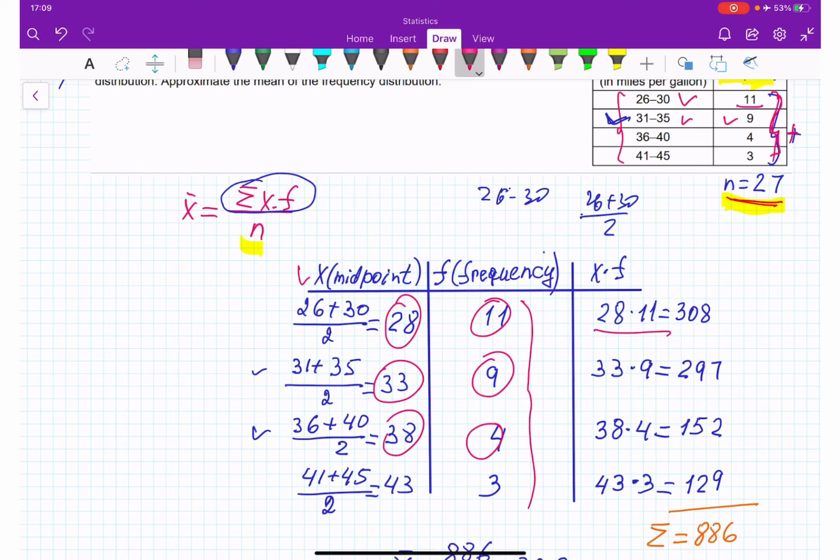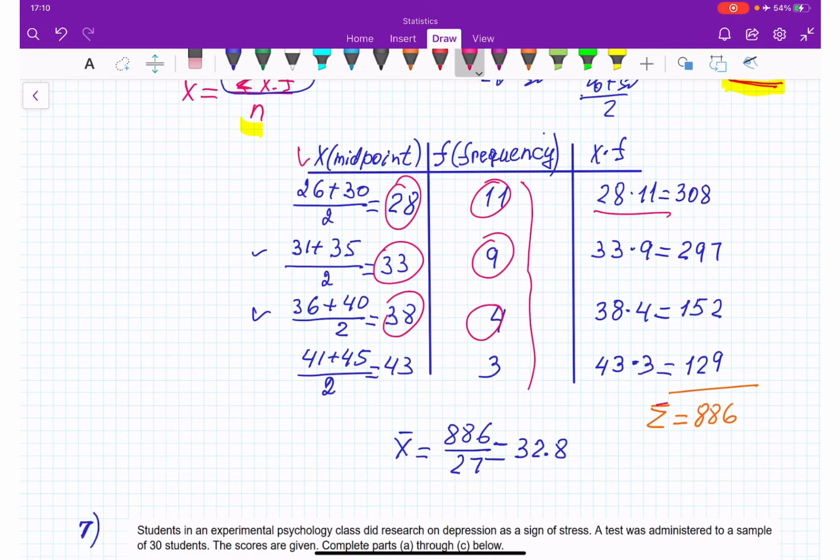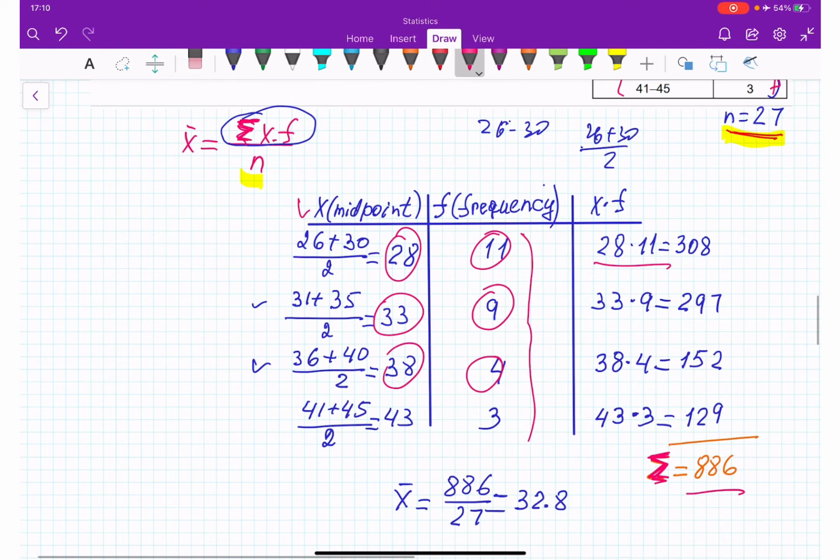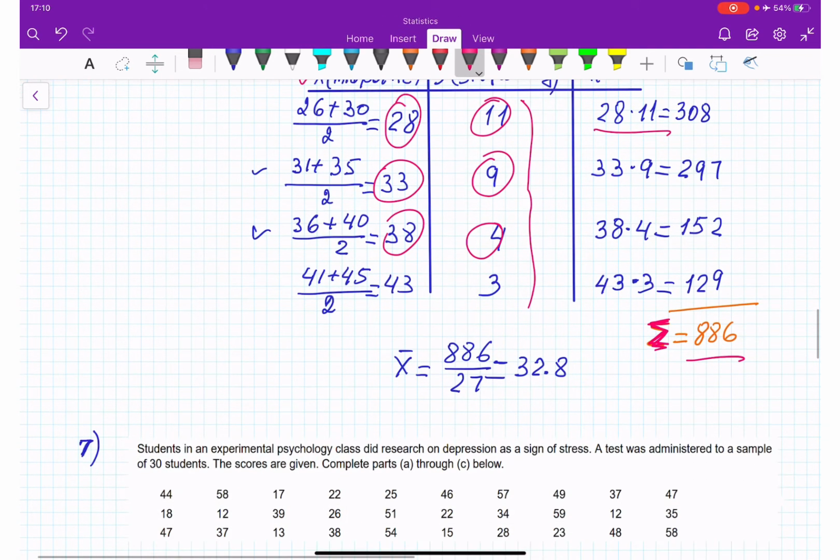Then we need to take the sum. Here at the bottom is our sum, 886. Since, based on the formula, we need to divide by N, and our N is 27, we divide by 27 and we get 32.8. Okay? Next question.